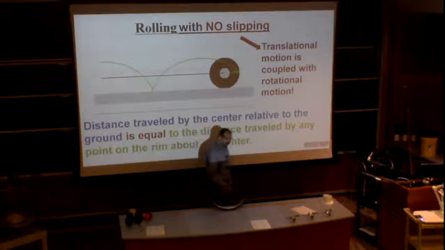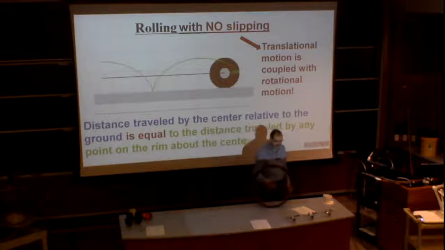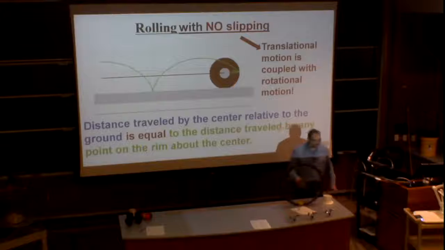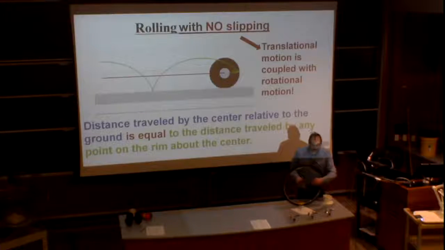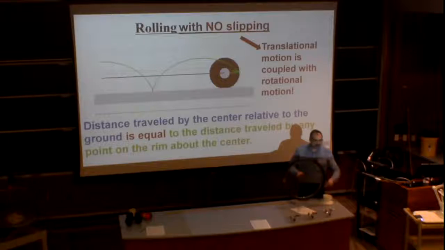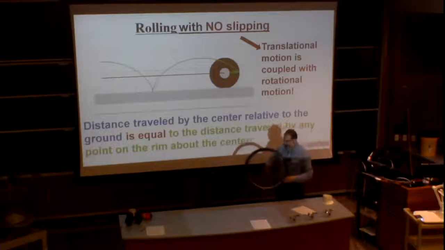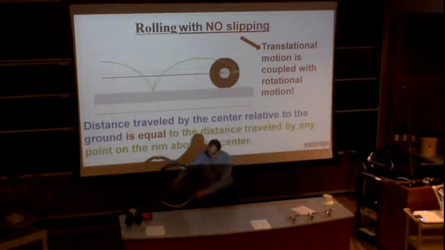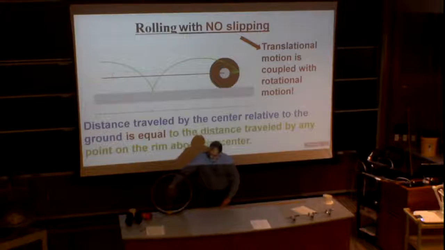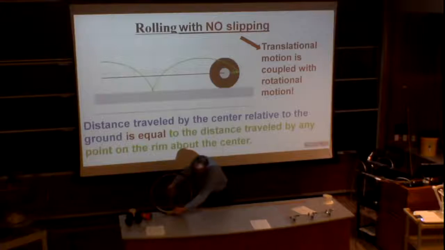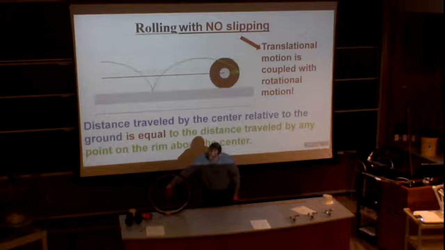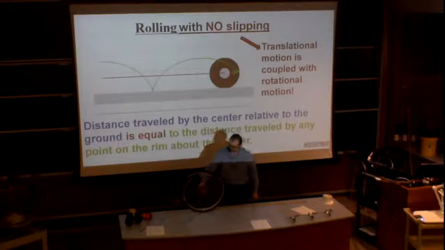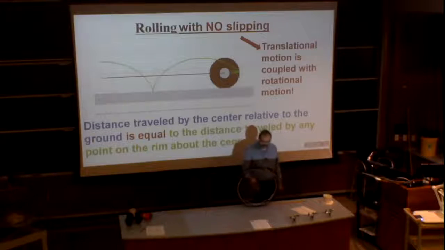tells us how to connect the linear variables, which describe the motion of the center of mass, and the angular variables, which describe the motion about the center of mass. If you look at this simple experiment again, this yellow tape makes one whole revolution about the center of mass.